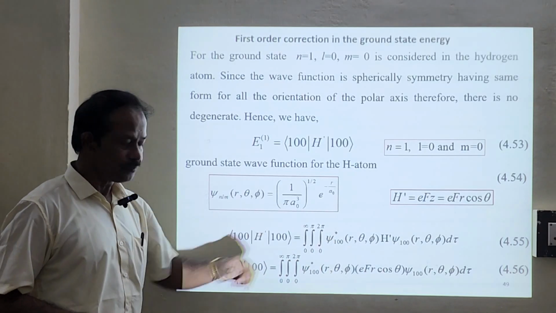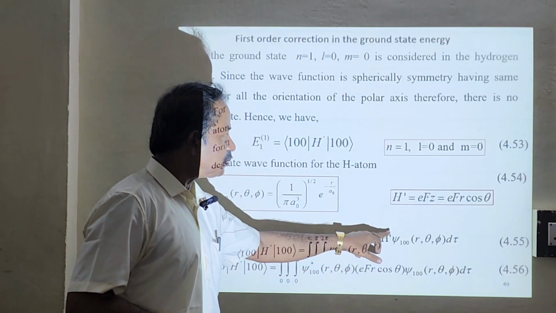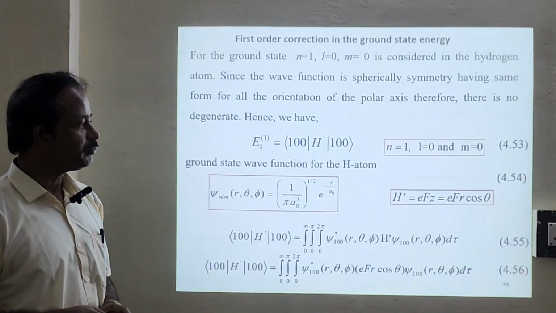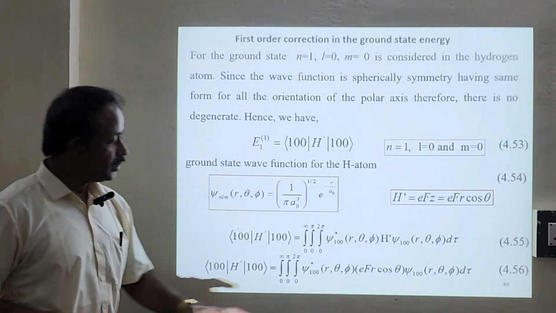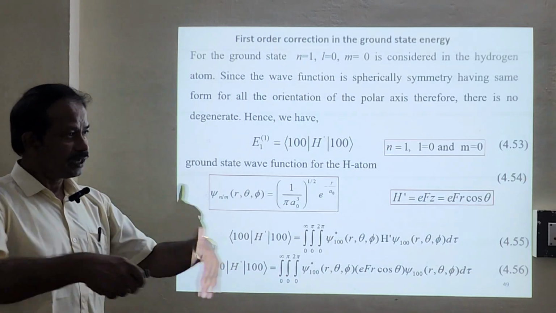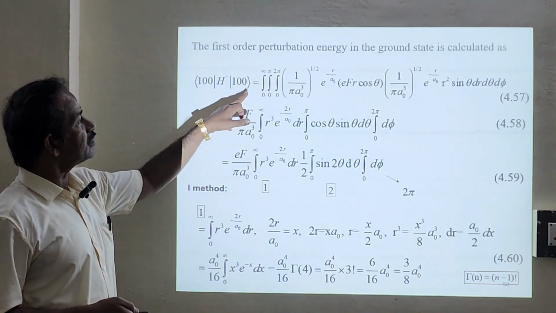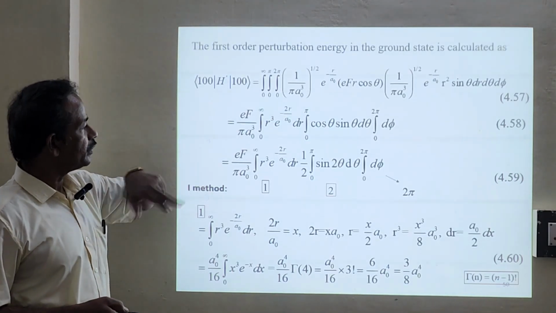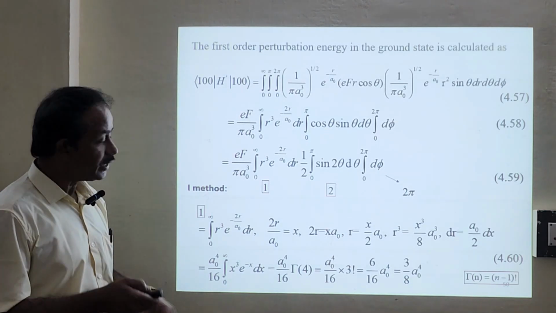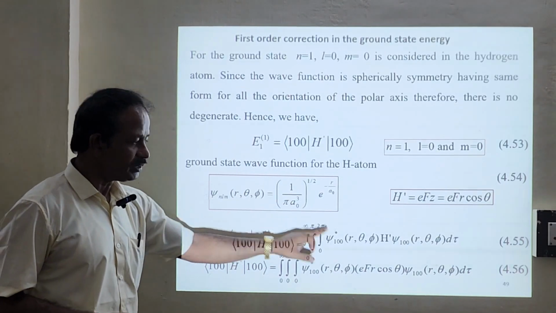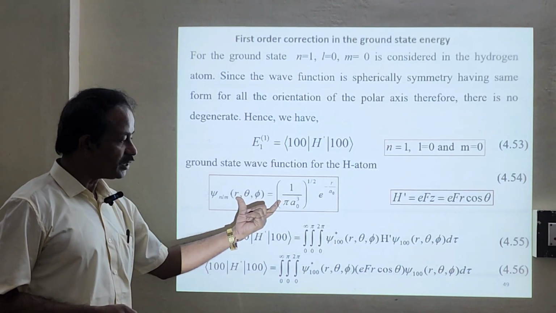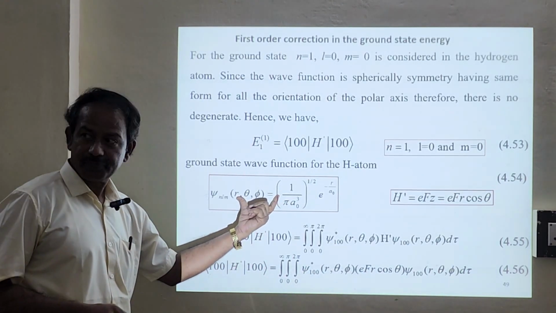Your H' equals eEz, which is nothing but eEr cos theta. You substitute it here. E is a constant, so I can pull it out. Then I can substitute your wave function. The expression for the wave function is given by this one, and the complex conjugate also will be the same thing. There is no i here.